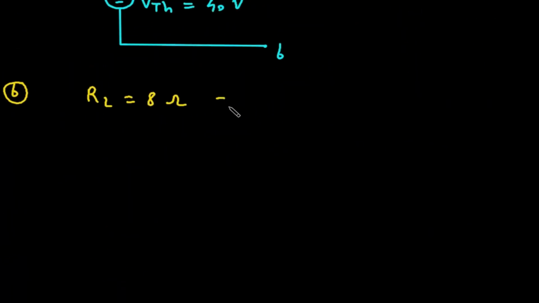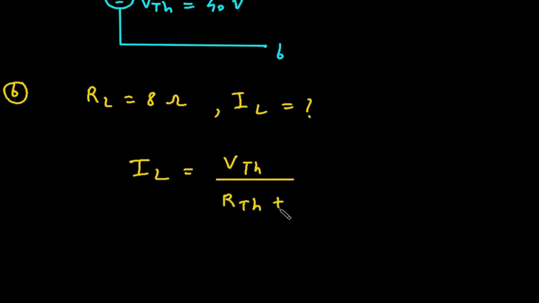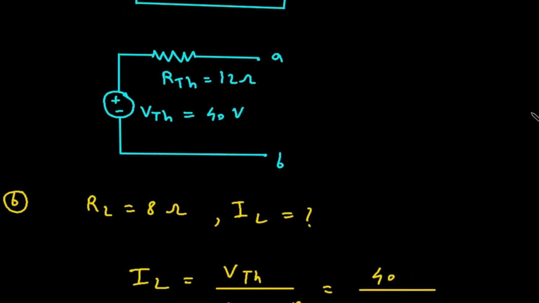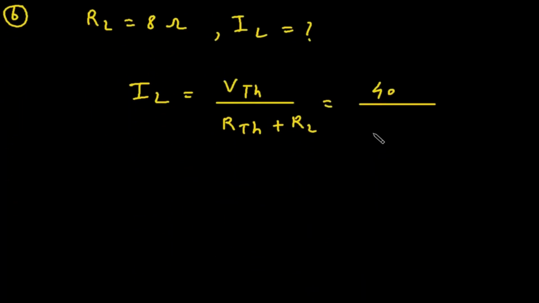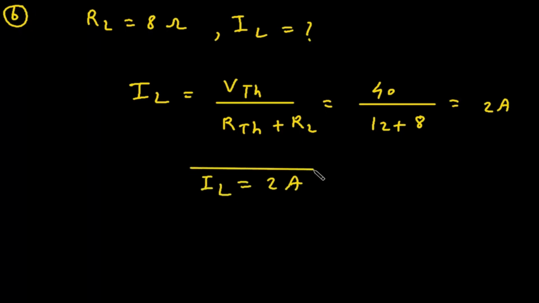Now IL is equal to VTH by RTH plus RL. VTH is 40 divided by RTH is 12 plus 8. So this will be 2 ampere. IL is equal to 2 ampere.